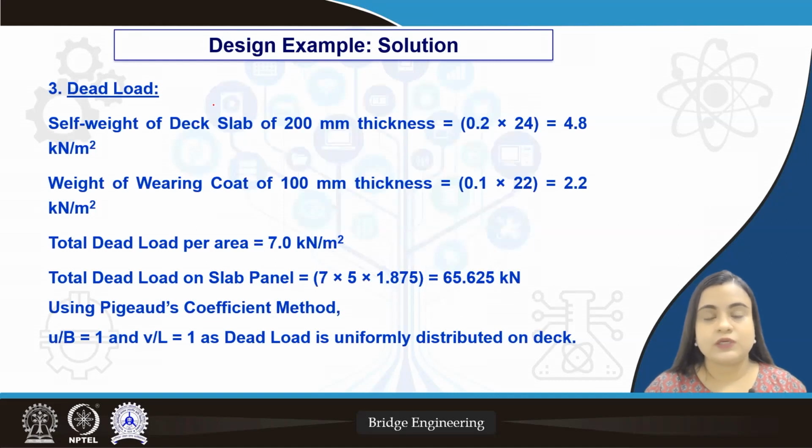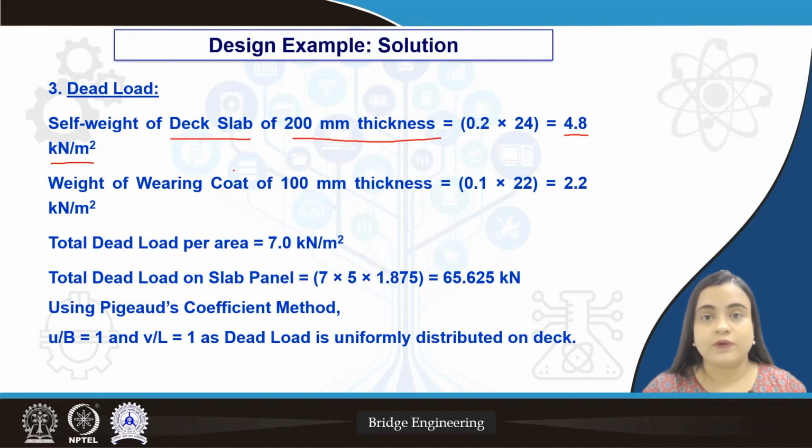So let's come to the next step, that is dead load calculation for deck slab. We are going to first design the deck slab, and that's why in this step we are going to calculate the dead load for the deck slab. The self weight of the deck slab of 200 millimeter thickness will be calculated as 0.2 times 24, that equals 4.8 kilonewton per meter square.